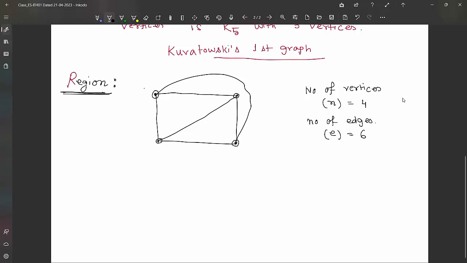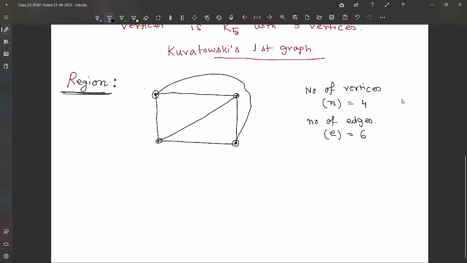Now in a planar graph, you can see that with these lines, your graph divides the whole plane into some sub-regions or sections, and these are actually called regions. Generally a plane representation of a graph divides the total plane into some windows or faces, and these are called regions.